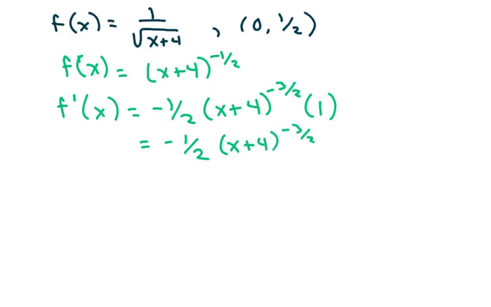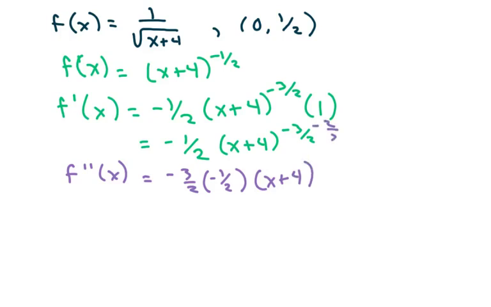Now we take the second derivative, and we're going to multiply negative 3/2 times negative 1/2 times x plus 4. And we're going to subtract 1 again, which is minus 2 over 2. So that's going to be negative 5/2 times the derivative of the inner function, which is 1.